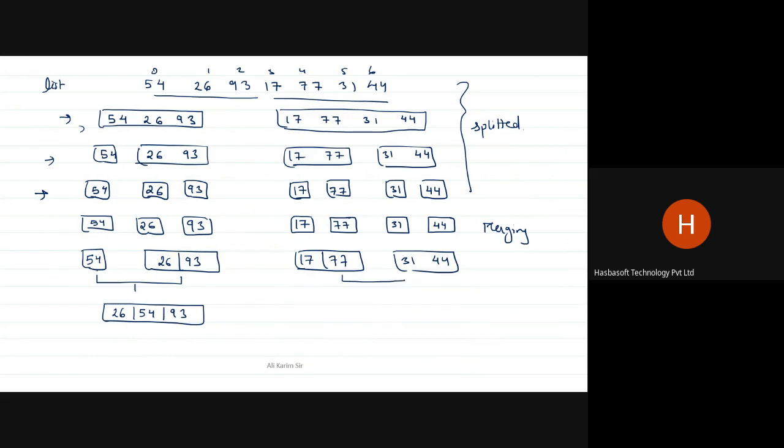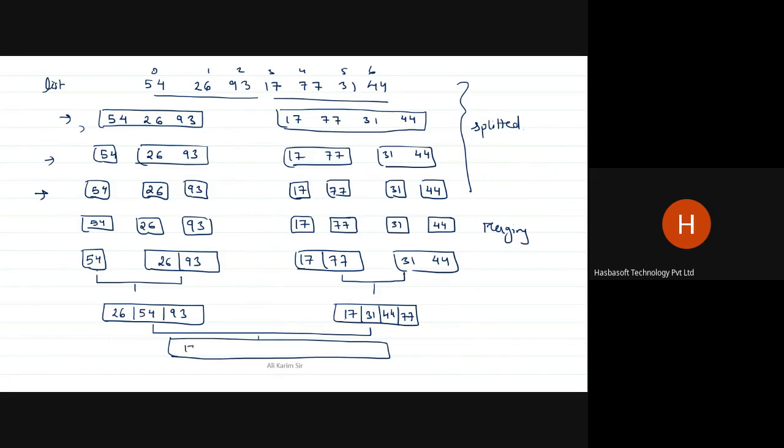When I sort these two, it will be like this: first 17, then 31, then 44, then 77. Now I'm going to sort both of them. I need to check the smallest number in both arrays. The 17 is the smallest one. Then which one is the next smallest one?